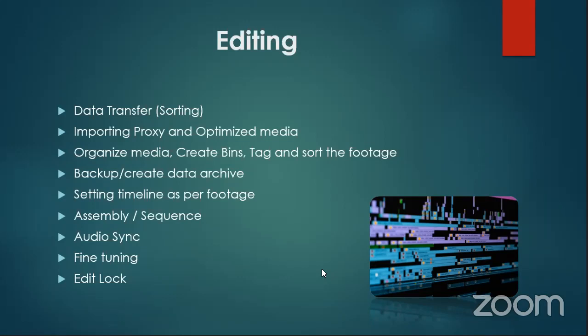That's why timeline setting is a very important aspect of editing. You should check the entire footage format before starting the edit or setting the timeline, because you're going to decide your entire workflow with this timeline setting. That's why it's very important.